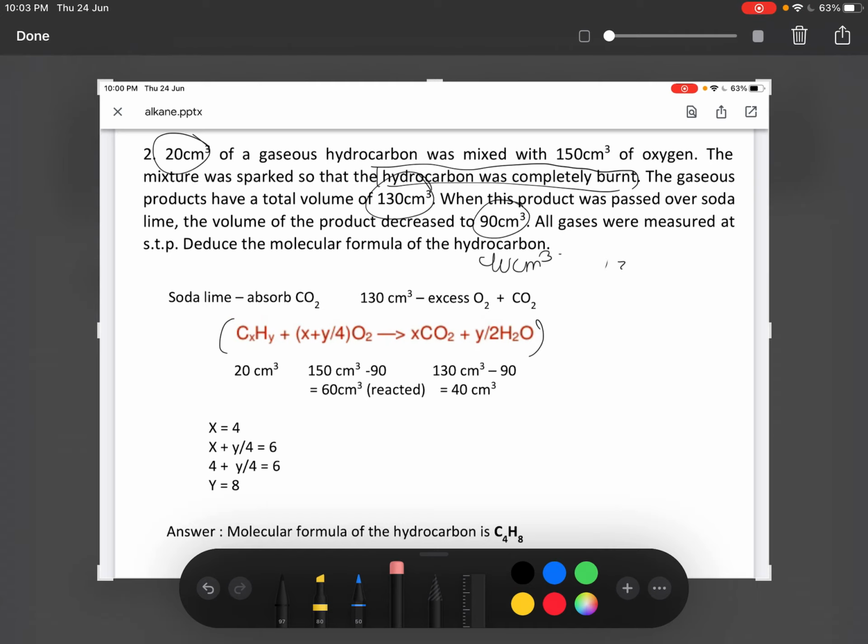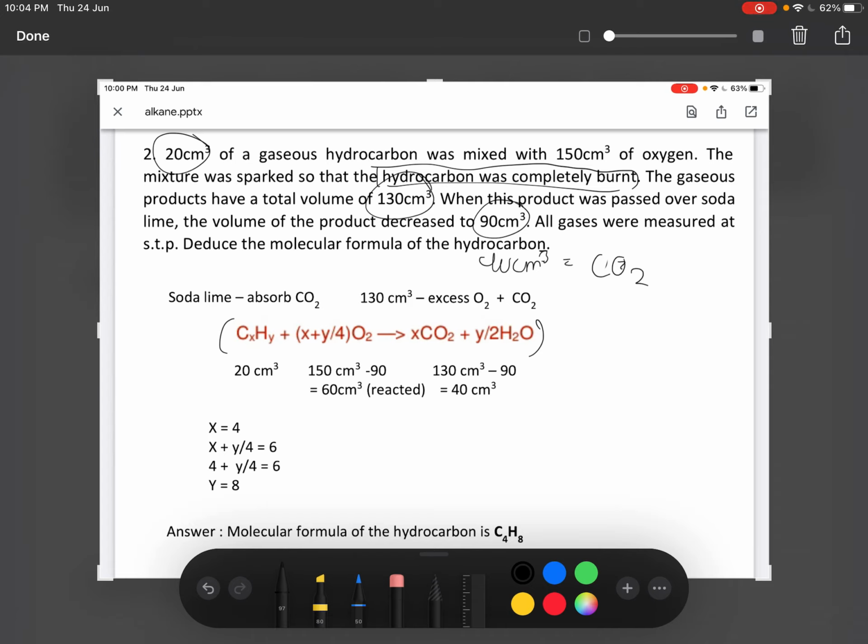Deliquescent. So it absorbs water, if I'm not wrong. Let me just Google this just in case. Soda lime absorbs carbon. Oh wait, no, it is carbon dioxide. Okay, I'm getting confused. Soda lime is CaO. No, that's quicklime. NaOH. Okay, yeah, I got confused. It does absorb carbon dioxide.